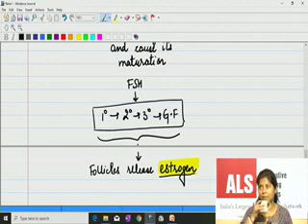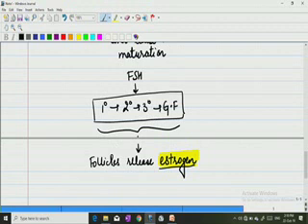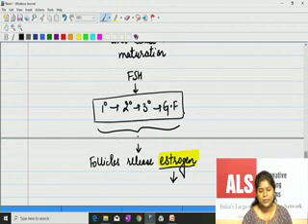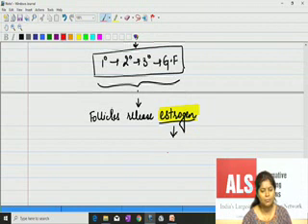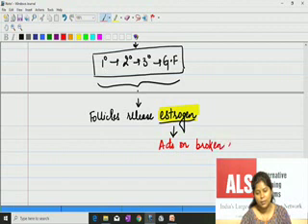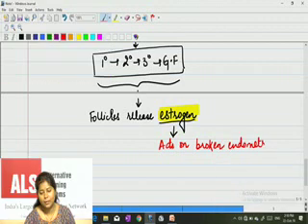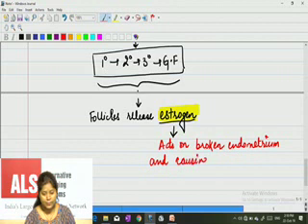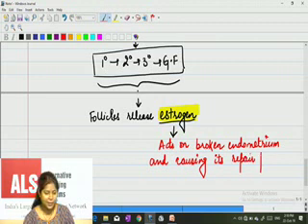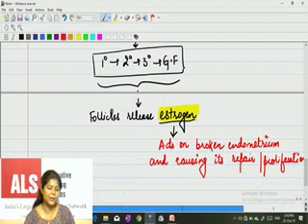Done? And what is this estrogen going to do? This estrogen is going to act on the broken endometrium, causing its repair or proliferation.